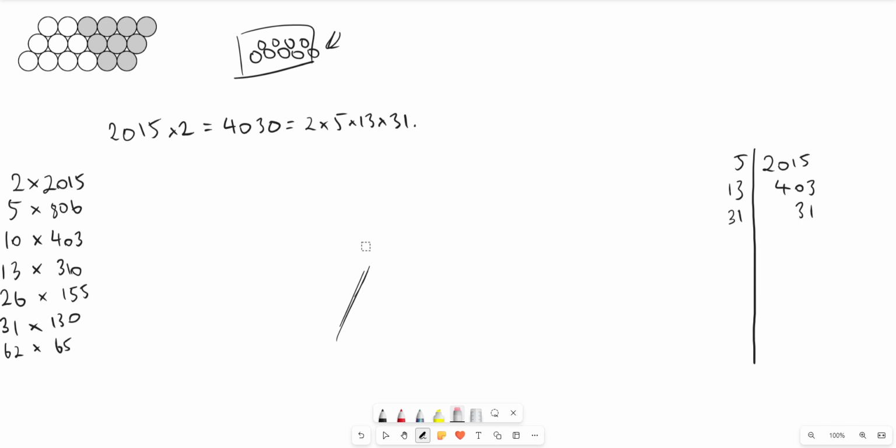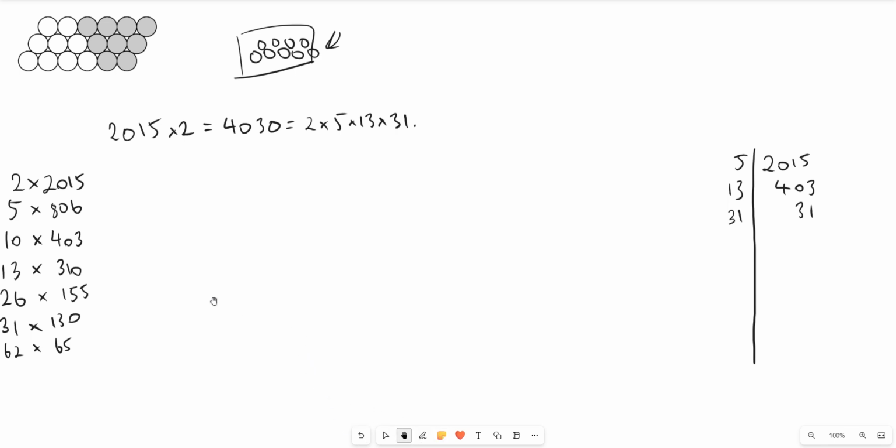So what we want to do is have 65 dots at the bottom and 62 rows of those, which is the tallest possible one, because as I just said, you can't have 62 dots at the bottom and 65 rows on top.